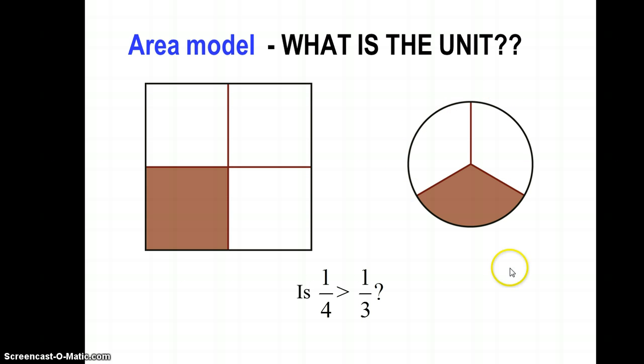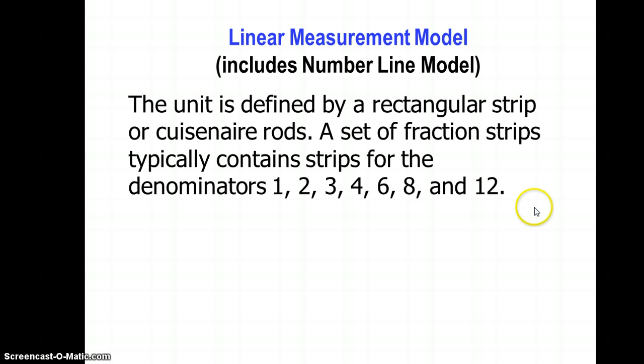So this unit is this circle. This unit, we're assuming, is this entire square. And so when you compare this 1/4 to this 1/3, it really doesn't make sense in this case because we're not using the same unit. So when we make fraction strips or use pattern blocks or circle fractions or Cuisenaire rods, you want to make sure your unit or your whole is the same.